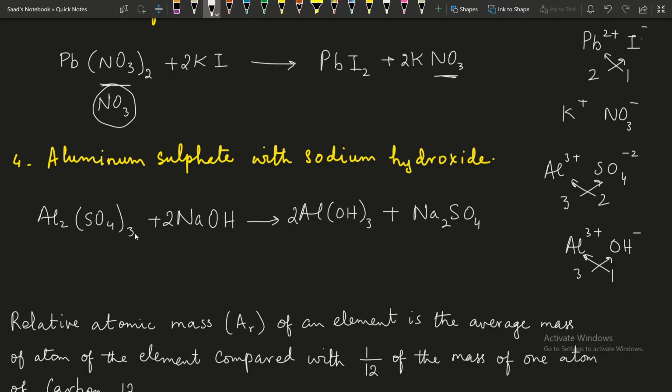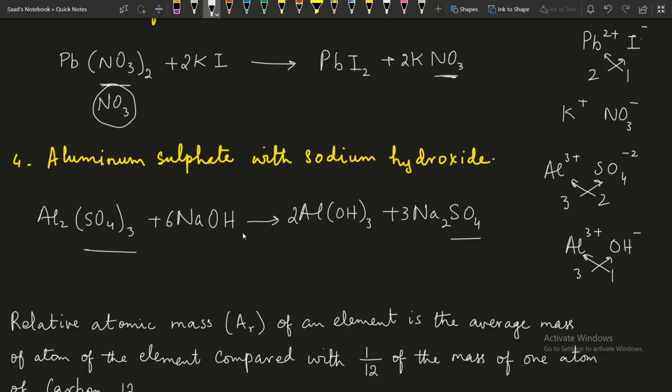In non-metals we can check the sulfate ions first. Here we have 3 sulfates, but over there we have just 1 sulfate, so we can write 3 over here to balance the sulfates. But now if we write 3 over here, that makes sodiums 6, so I should write 6 over here to balance sodiums. 6 sodiums on both the sides.